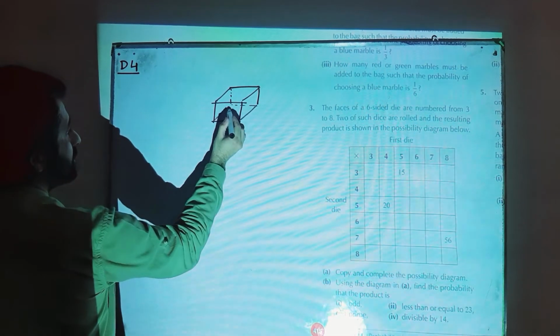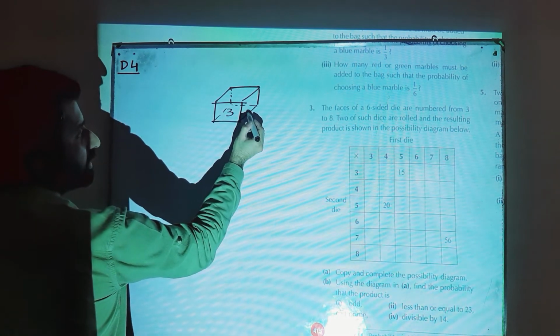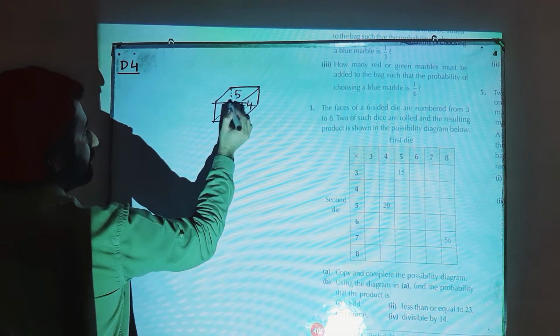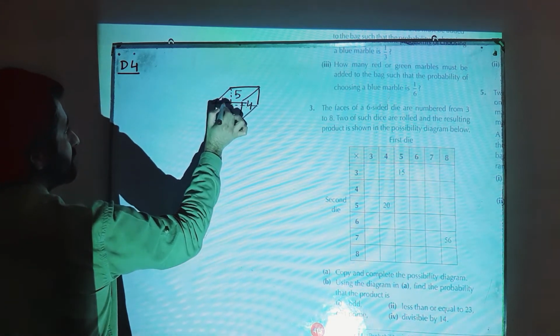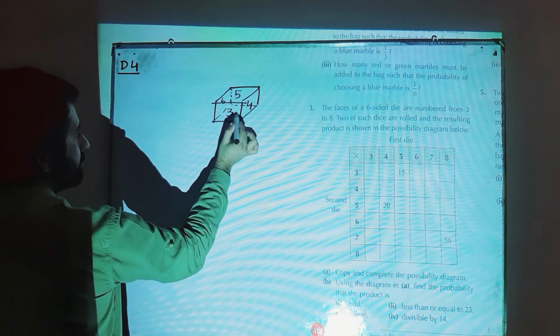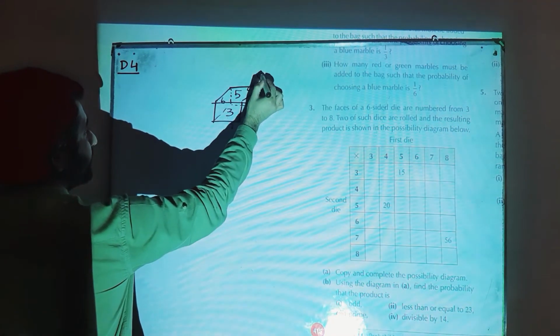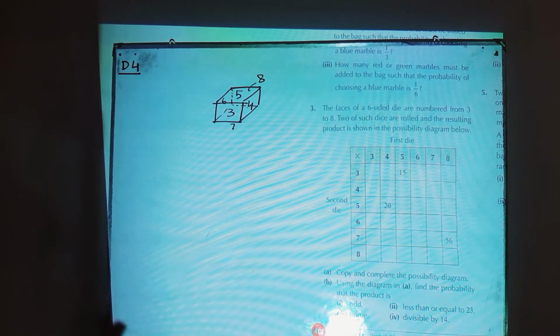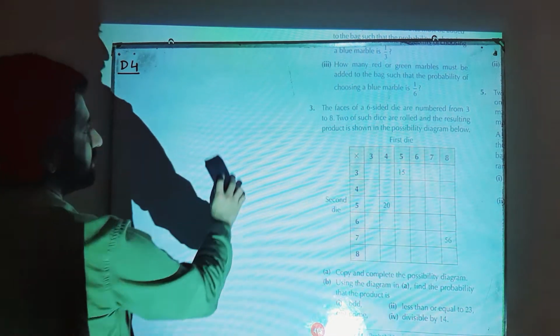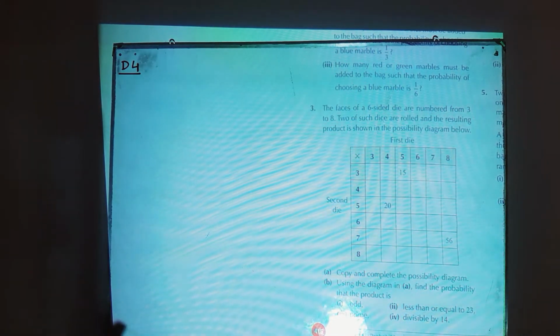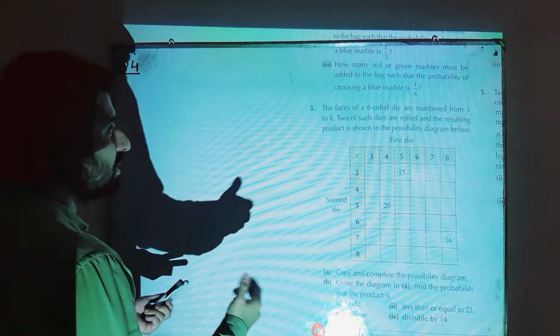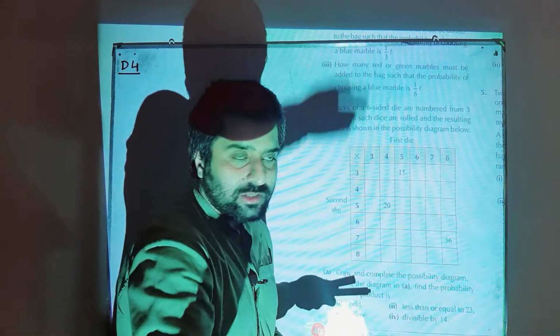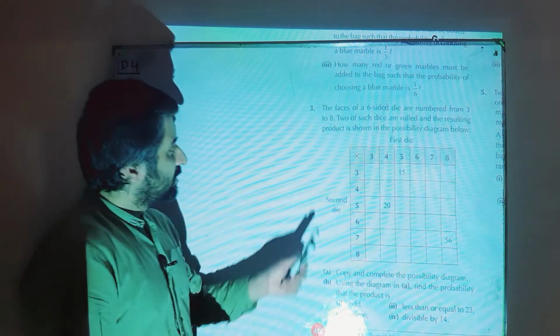So this is, suppose, 3 to 8: 4, 5, on the back side we have 6, below here 7, and then on the back side 8. Like this we have a dice numbered 3 to 8. We have 2 dice basically here. What they have told is that 2 of such dice are rolled, and the resulting product is shown.